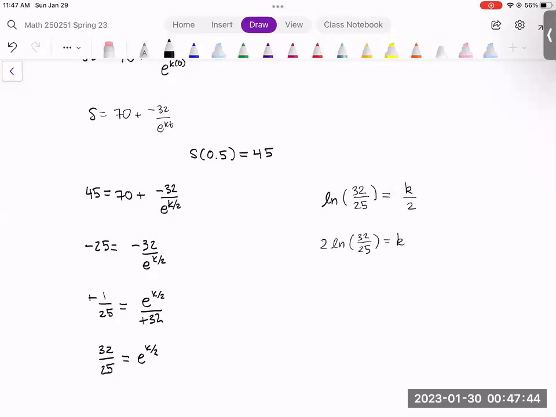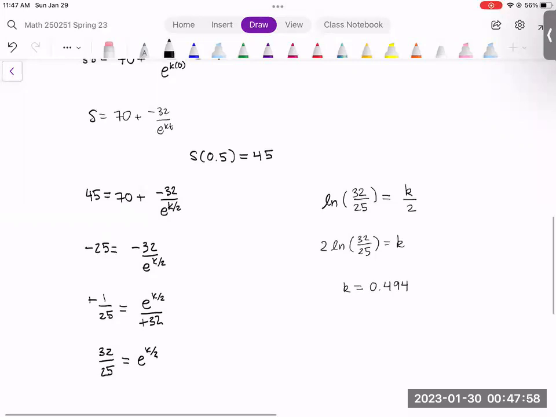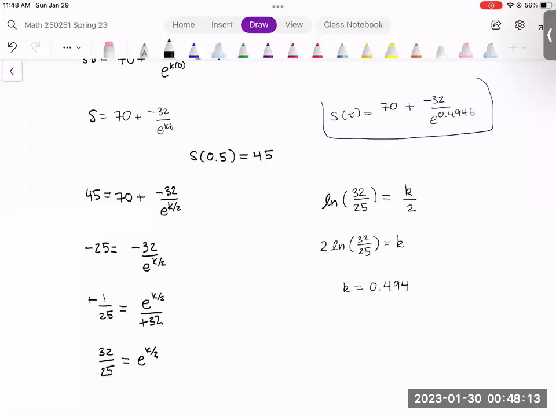And we find a k value that's equal to 0.494. All right, and so this tells us S of t is equal to 70 plus negative 32 over e to the 0.494t. Okay, so here is our model.